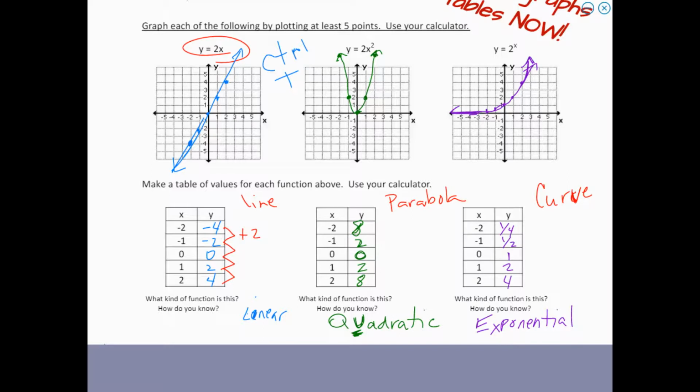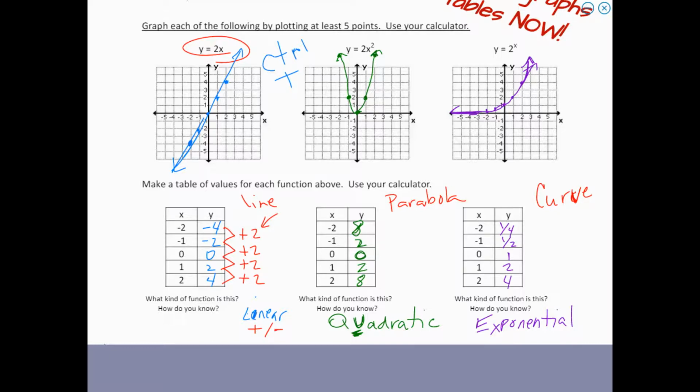From -2 to 0, +2. +2 from 0 to 2. +2. From 2 to 4. +2. Okay, so linear equations are always adding or subtracting. So the difference is that when you look at the table, the pattern is always adding or subtracting.